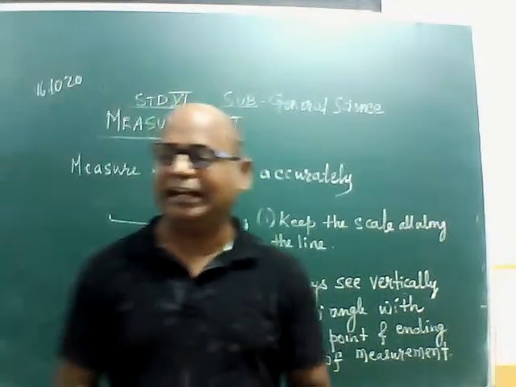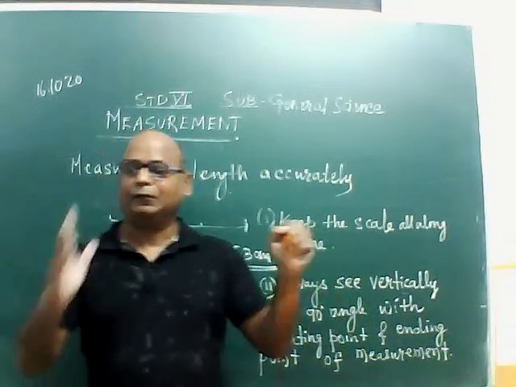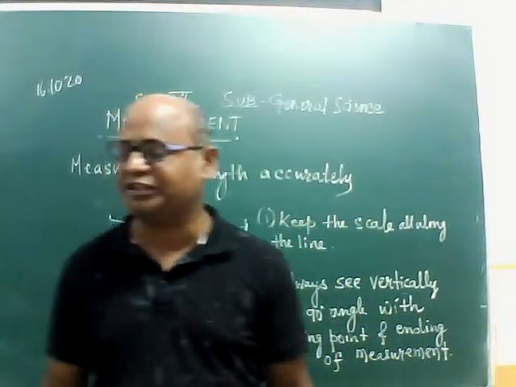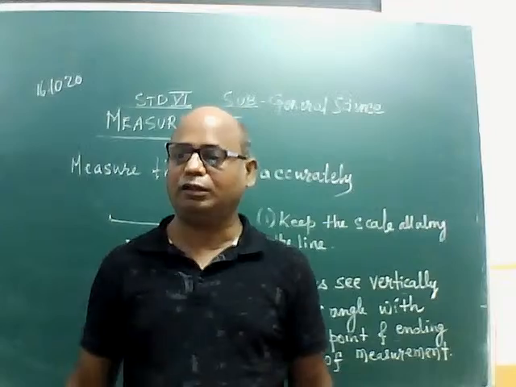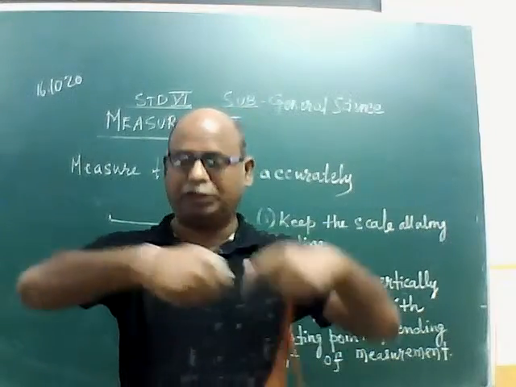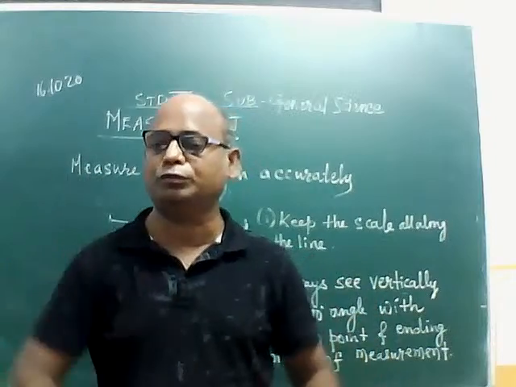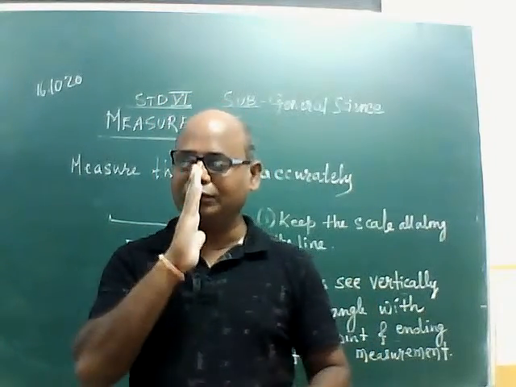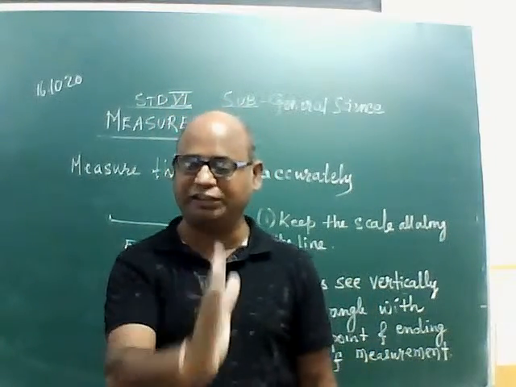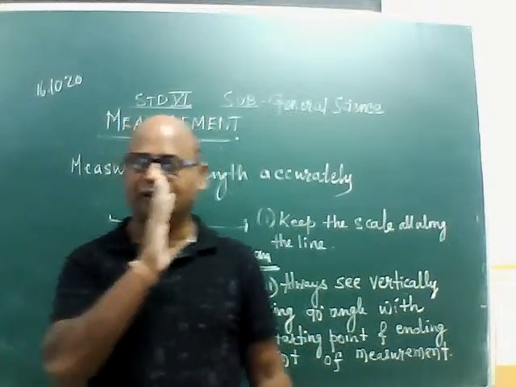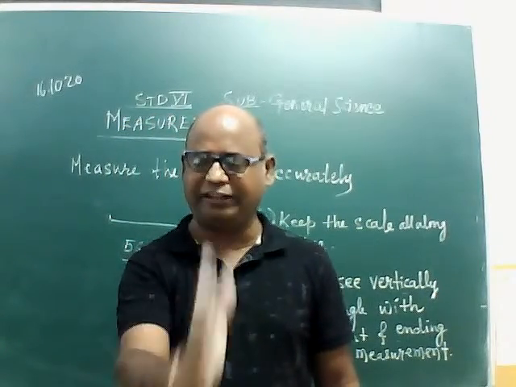We will find that this is the correct method of measuring the length. First of all, keep the scale all along the length of the thing which we want to measure. Then the second thing, while seeing the starting point and the ending point, see vertically making a 90-degree angle.